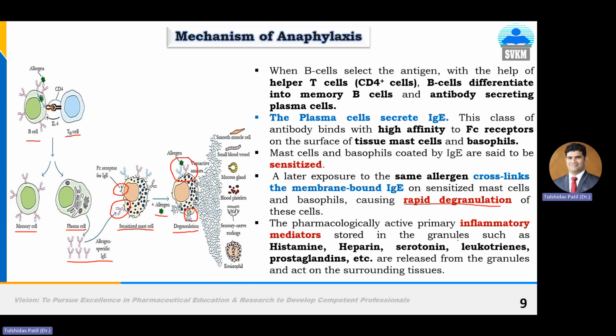These granules are responsible for the secretion of inflammatory mediators, like histamines, heparins, serotonins, leukotrienes, and prostaglandins, and this release leads to further manifestations of the type 1 hypersensitivity reaction. So this is the mechanism involved in anaphylaxis.